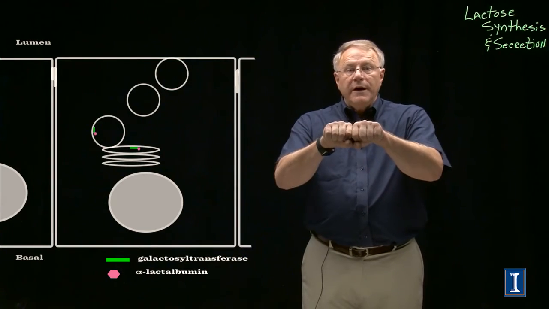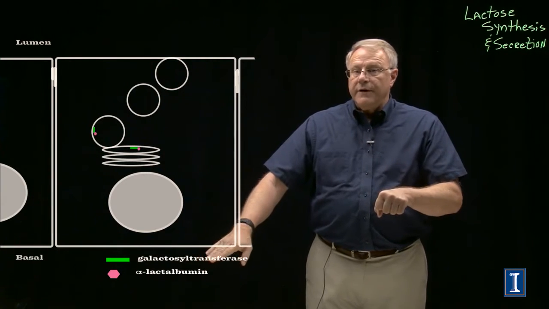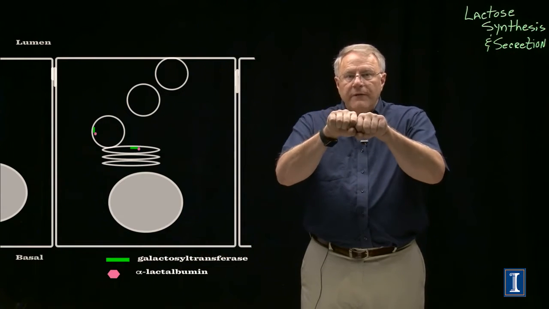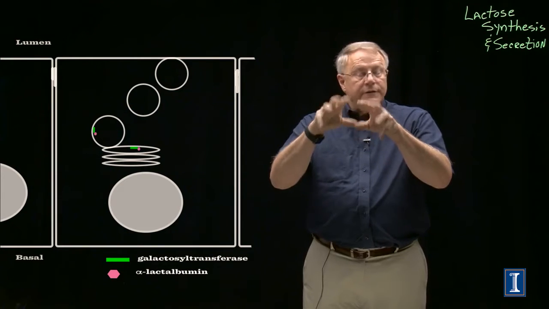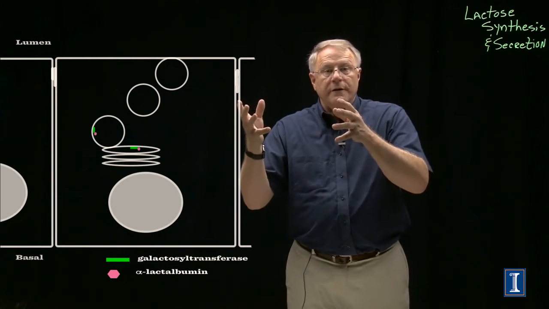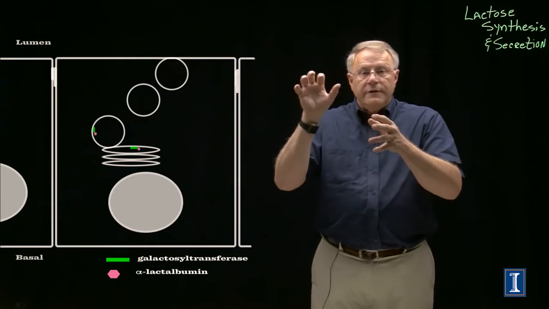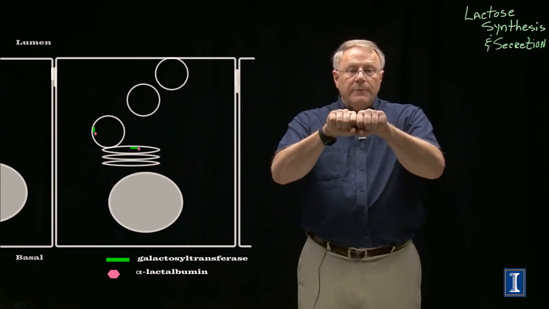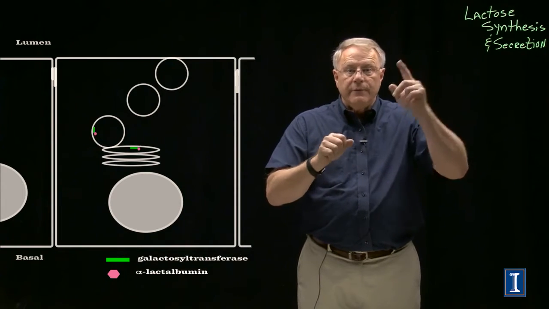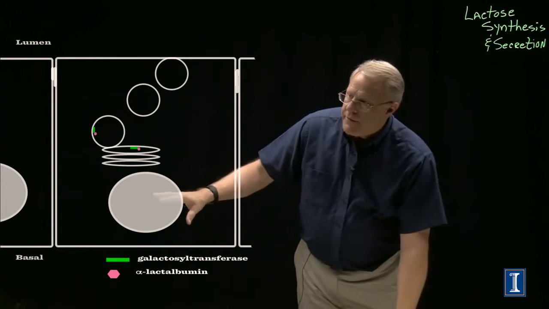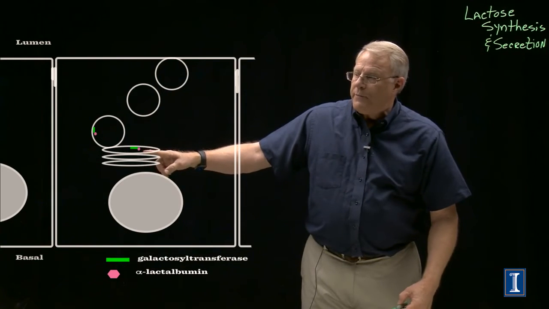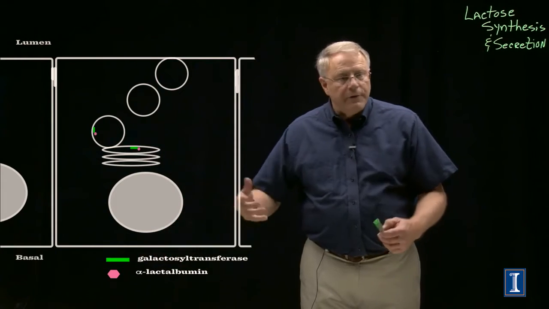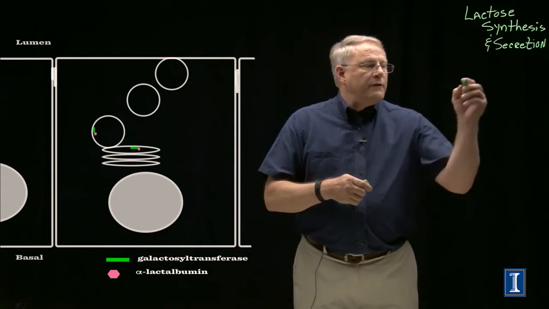Those two combine together with the enzyme galactosyltransferase, and the reaction that occurs is slightly modified so that now, instead of causing glycosylation of proteins, you take a galactosyl and combine it to a glucose, which is lactose. We'll get to that in just a second. So this complex, indicated here by a little purple, you can just barely see the purple there, complexed with the green bar representing galactosyltransferase, is called lactose synthetase.